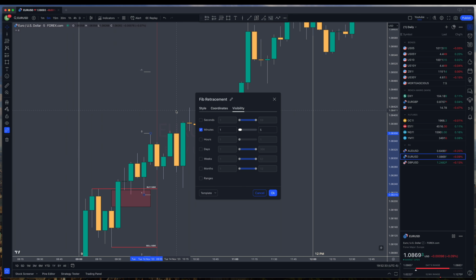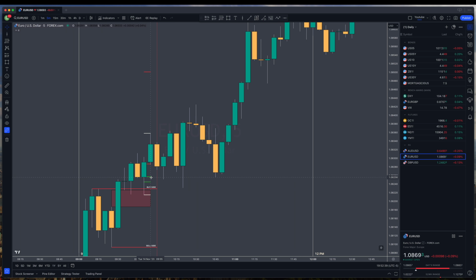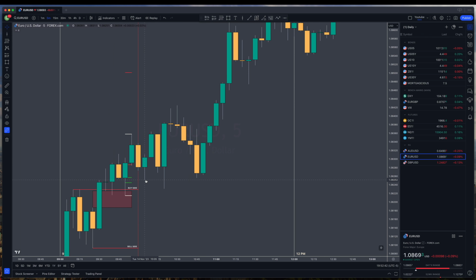So here I would just put a trading range, and here we have OTE, right? This 1020 candle sweeps the 1005 candle and plugs right into that range, OTE.